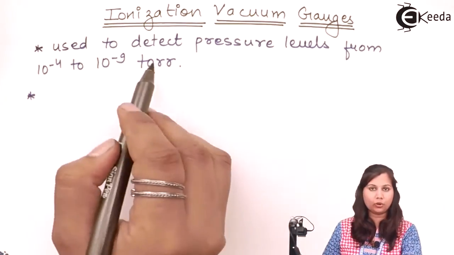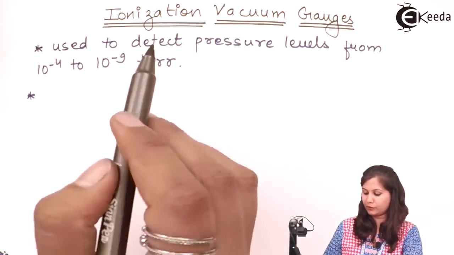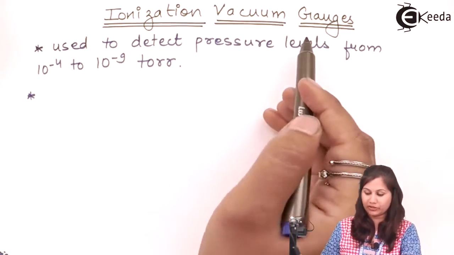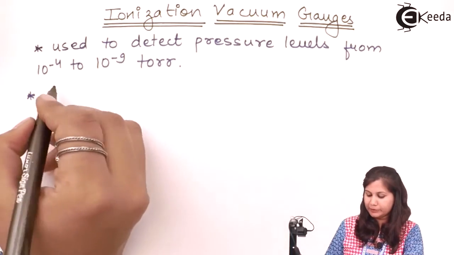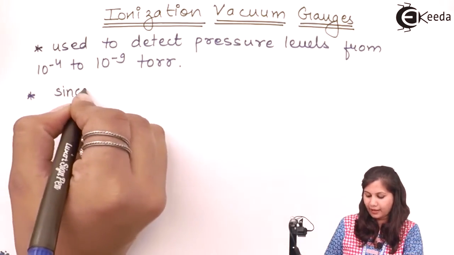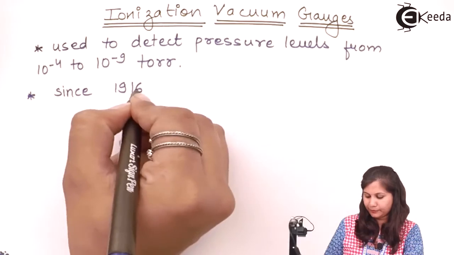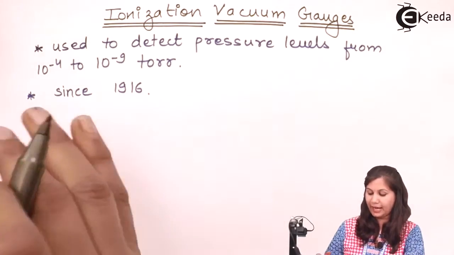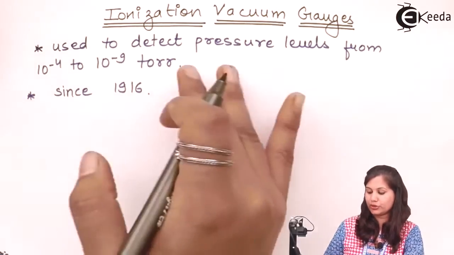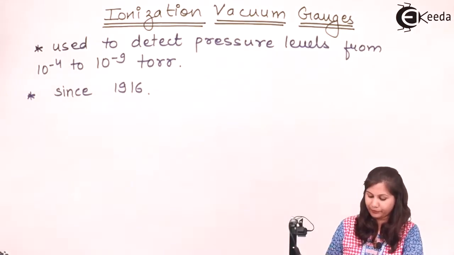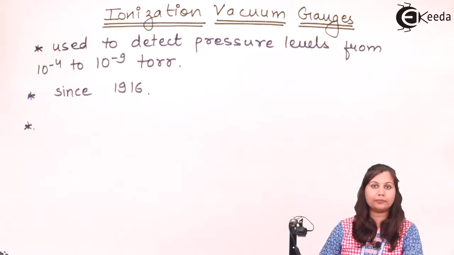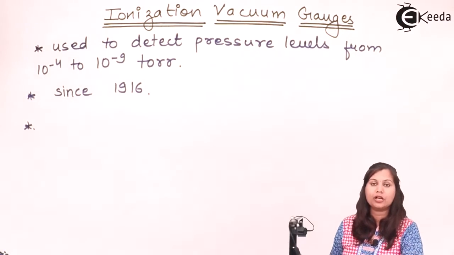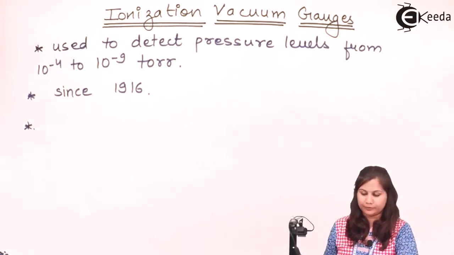For such very low pressure measurements, ionization vacuum gauges are used, and they have been available since 1916. They were developed in the year 1916, and since then they are used to detect the pressure levels. Now these ionization vacuum gauges use the process of ionization to measure the pressure.